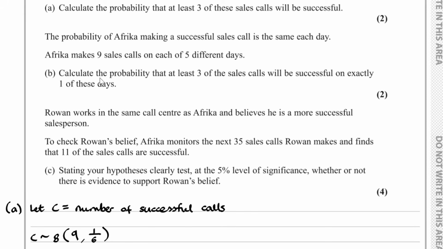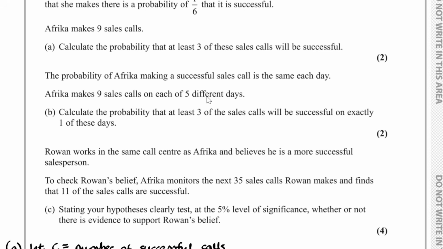We have to calculate the probability that at least 3 of the sales calls will be successful on exactly one of these days. So the way we can approach this question is to think about what's going on. Well, we're finding out the probability of success for one of these 5 days.